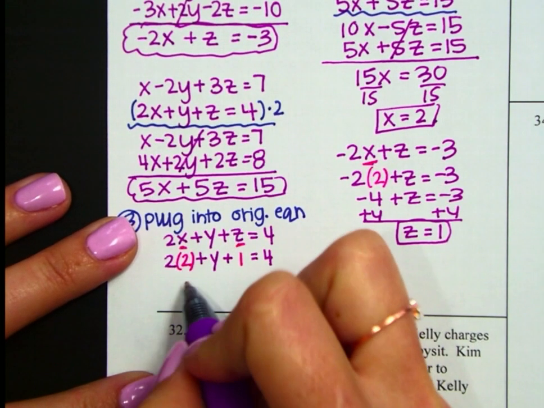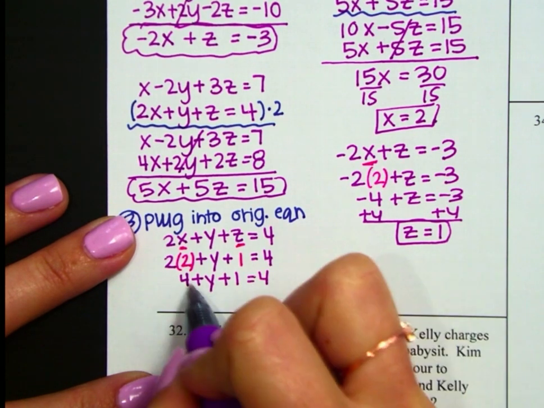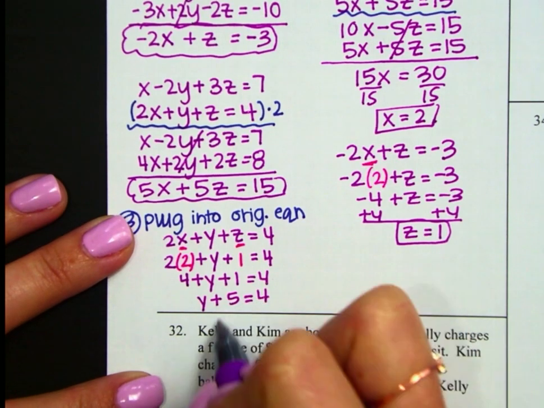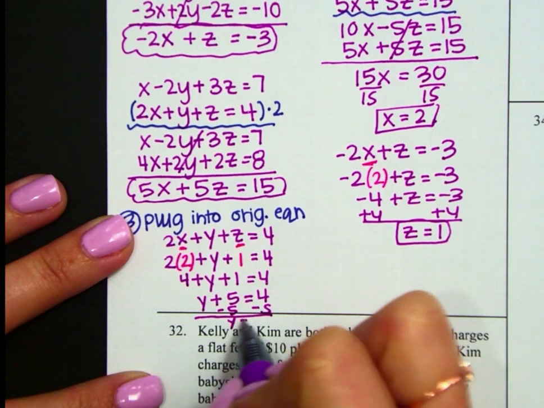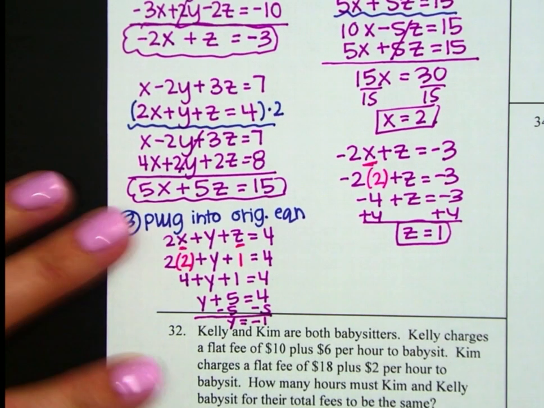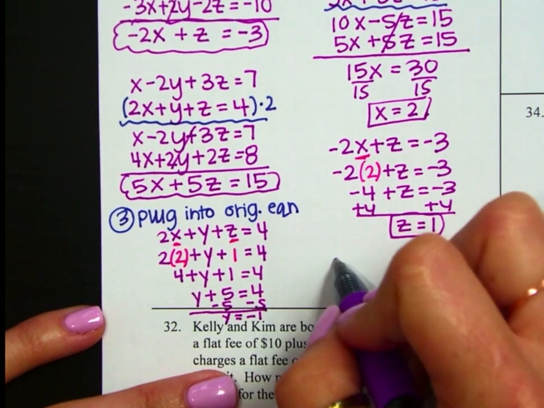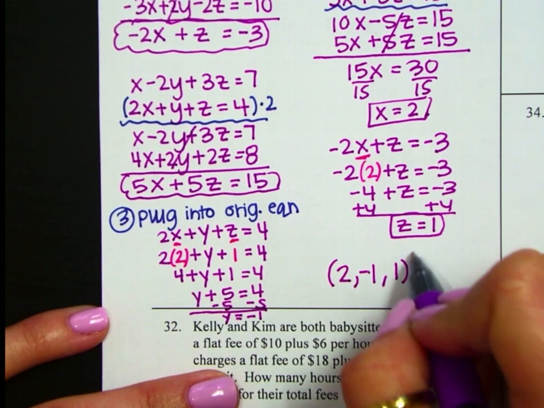This is 4 plus y plus 1 equals 4. Combining like terms, y plus 5 equals 4. I'm running out of room, subtract 5, and y is equal to 4 minus 5, which is negative 1. Okay, so we want to make sure that we write our answer x, comma y, comma z.